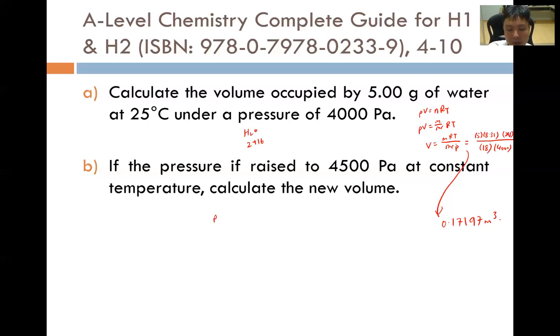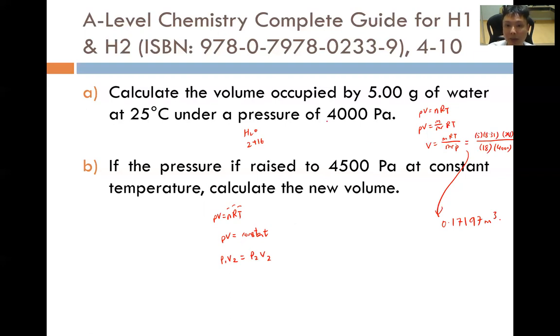Okay, so if we go back to the ideal gas equation, PV equals nRT, right? They say that the temperature is constant, R is of course constant, and the number of moles doesn't change, which means that PV is a constant. We can do this because the product of the pressure and the volume cannot change, right?